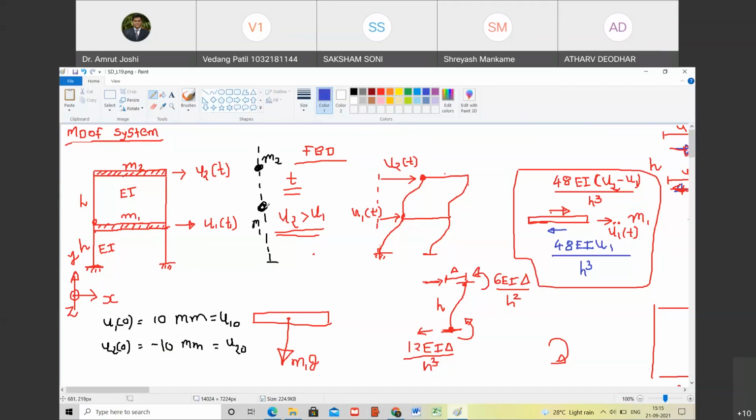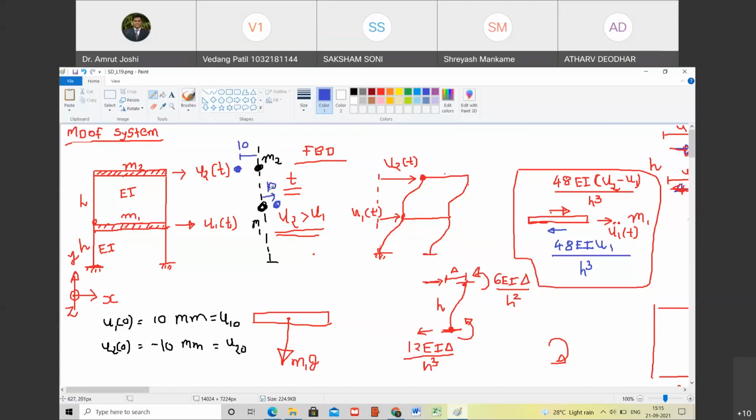M1 was pulled towards the right by 10 mm and M2 was pushed towards the left by 10 mm. This is 10, this is 10 from the mean position. We started from here, and then both the masses were suddenly released. Are you with me? Yes, sir. And now you want to observe how U1 of t and U2 of t vary with time.